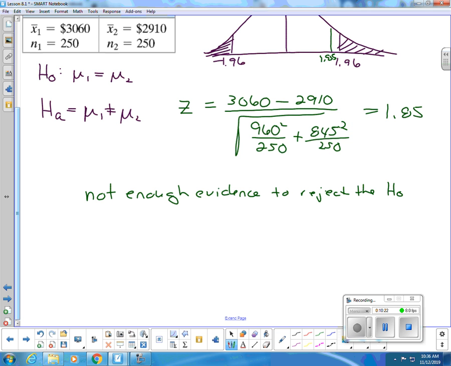And since the claim was they are different, we are going to reject the claim. The guy said there is a difference between Florida and California's credit card debt. We can't say that there actually is. We don't have enough evidence to support that. Okay?